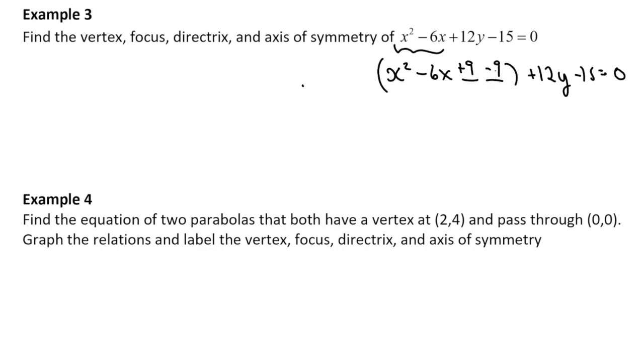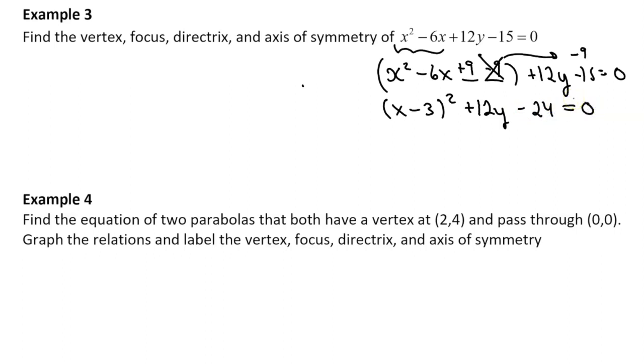And the back number gets kicked out. There is only a 1 in front, so when it gets kicked out, it remains a negative 9. I'll just cross it off there to show that we did kick it out. And then you would have x squared minus 6x plus 9, and that would create a trinomial of x minus 3 squared, plus 12y. And if I join negative 9 and negative 15, I would get negative 24.